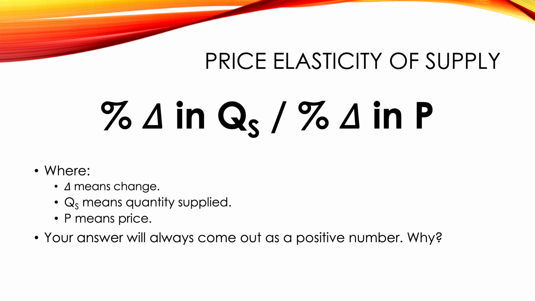If they're positive, the answer is positive. But if you have a negative change in quantity supplied and a negative change in price, those negatives will cancel out and you'll still come out with a positive number. So with price elasticity of demand, we would always take the absolute value, but with price elasticity of supply, we don't have to, because we're going to get a positive number no matter what.